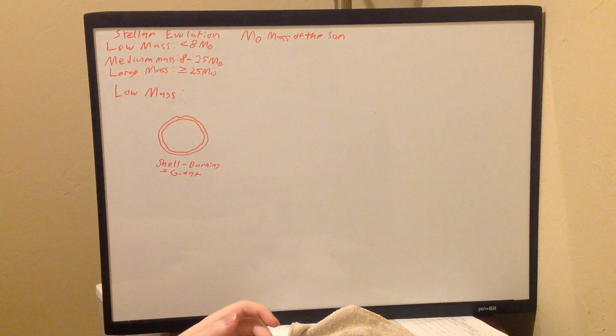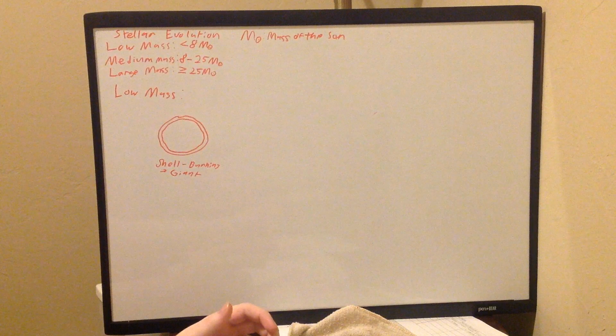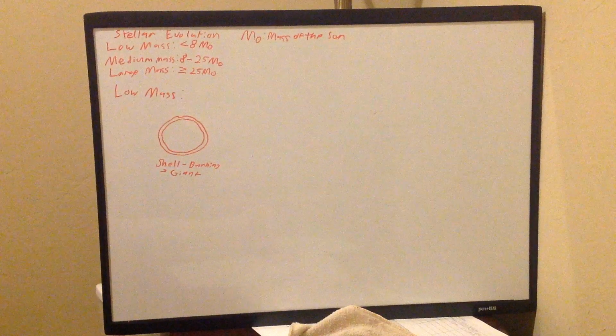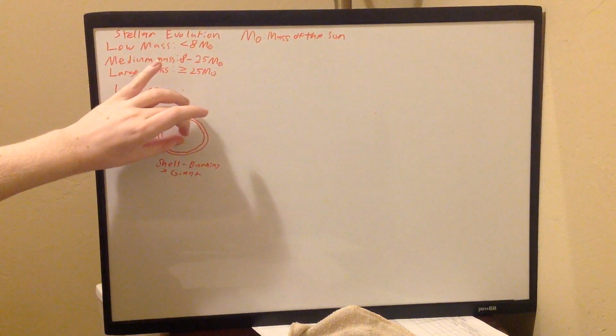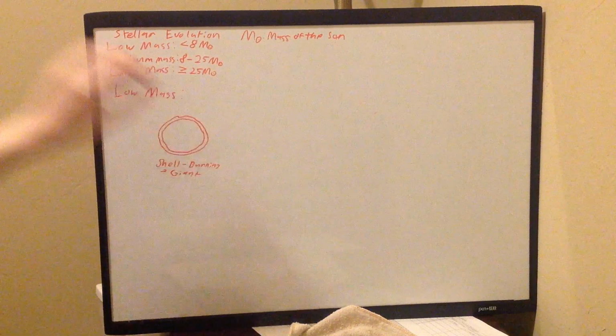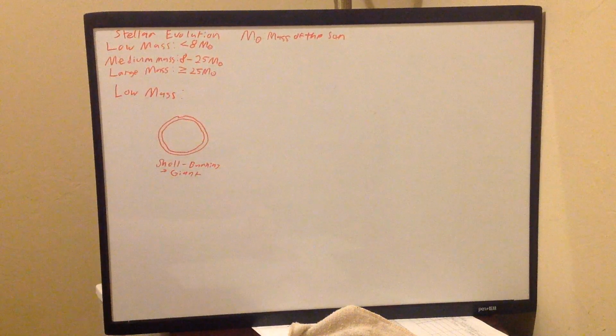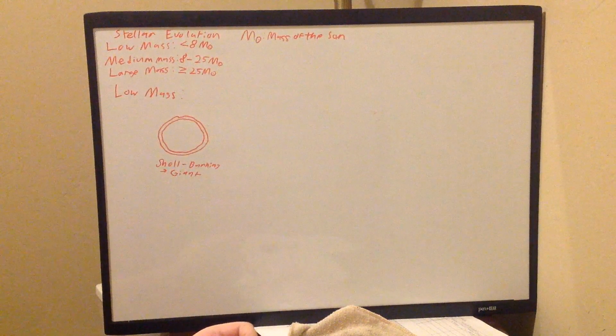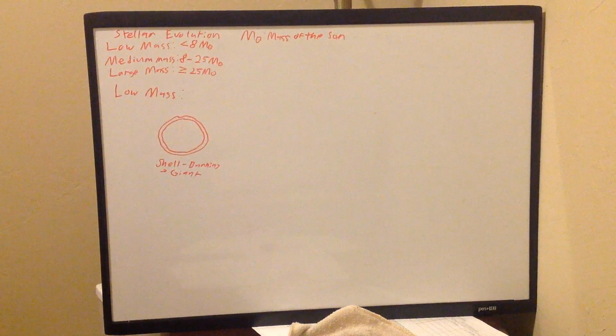Now, this is something that I'm not going to draw because it's kind of hard to draw, so I'm just going to describe it and then draw the end state. You can imagine that as the temperature of the inside of the core increases over time from the hydrogen burning going on around it, the amount of the inside of the core which is able to fuse helium would get bigger over time as it got hotter and hotter.